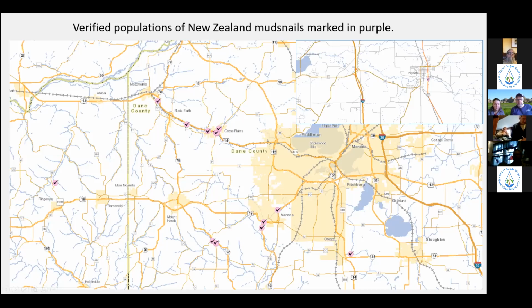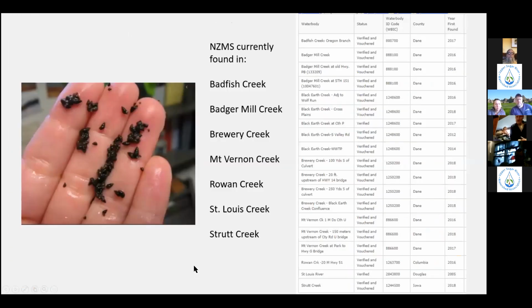So this is the list of spots, and some of this is definitely citizen-based work, where people have found these in their trout fishing expeditions, in their explorations into different rivers and streams, and they've made sure to let their local invasive species experts know.